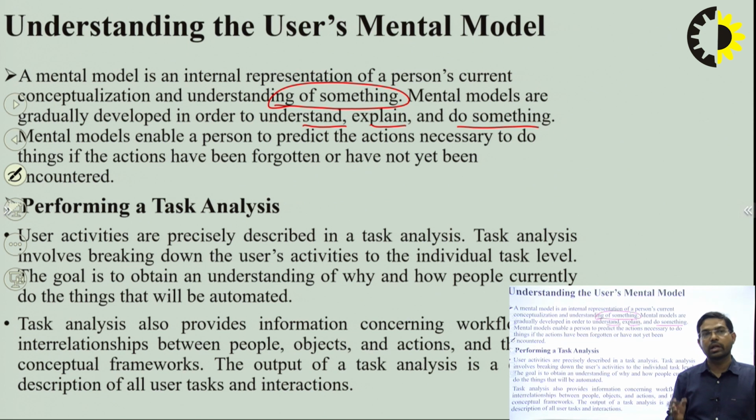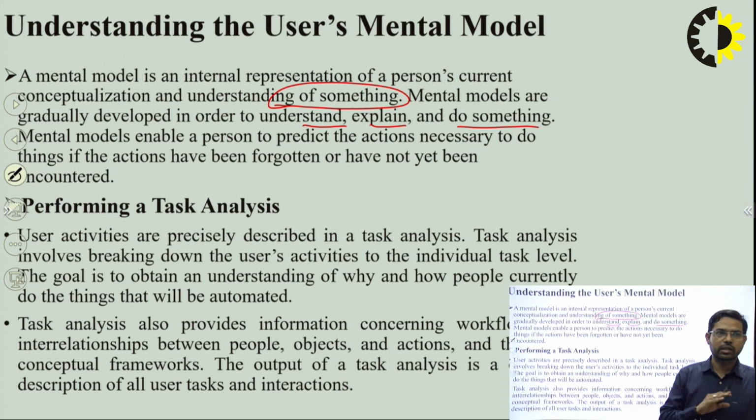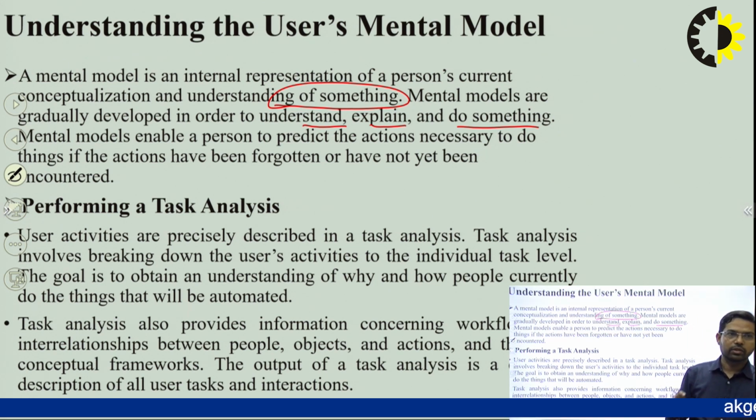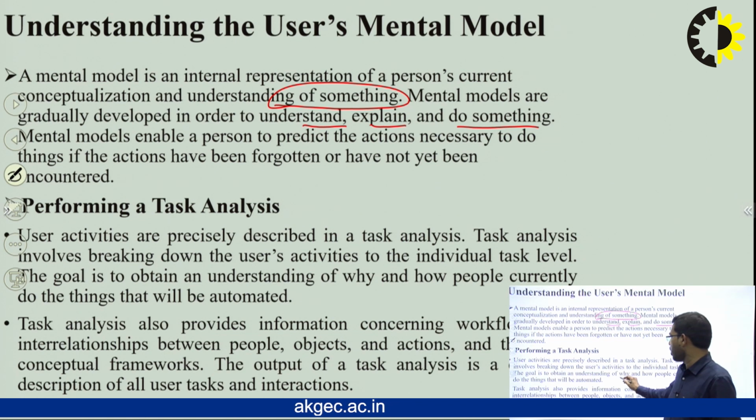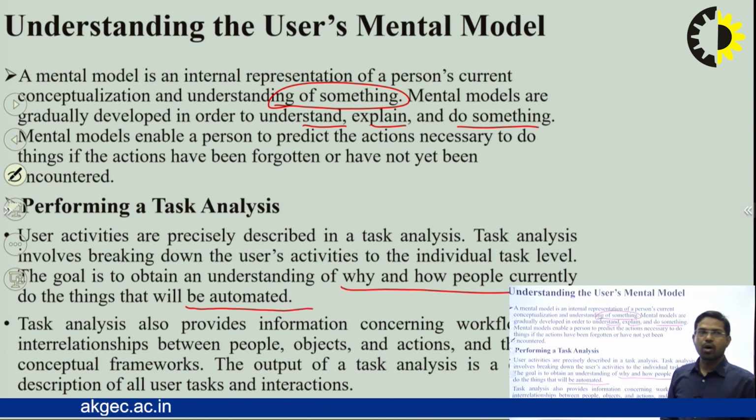So first, in understanding the user's mental model, is performing a task analysis. Task analysis means what kind of tasks have to be performed by the users. User activities are precisely described in a task analysis. Task analysis involves breaking down the user's activities to the individual task level. The goal is to obtain an understanding of why and how people currently do the things that will be automated.